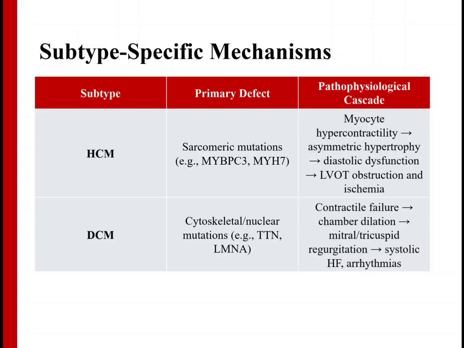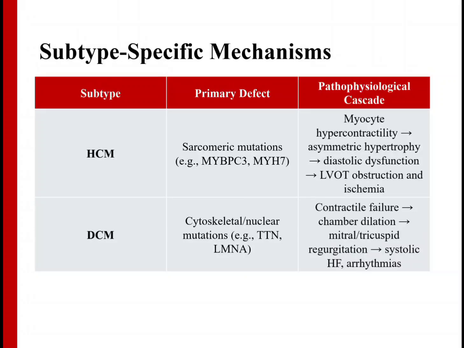The dilation stretches the annular rings of the mitral and tricuspid valves, which can lead to functional mitral and or tricuspid regurgitation, eventually resulting in systolic heart failure, also known as heart failure with reduced ejection fraction, arrhythmias, and thromboembolism from stasis of blood.